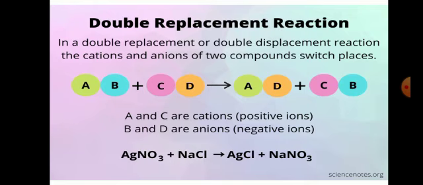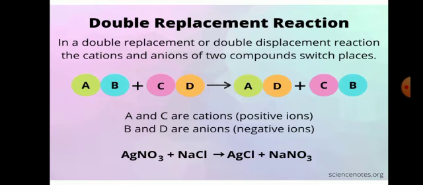In a double displacement reaction, two compounds or two aqueous solutions will be there, and the ions exchange in the aqueous solution. Let me read the definition here: in a double displacement or replacement reaction, the cations and anions of two compounds switch places.